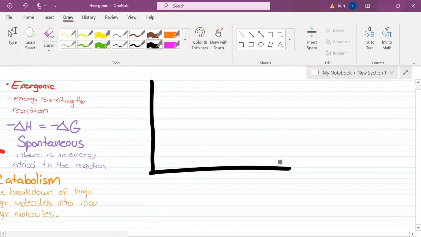I want you to label the reactants, the products, the change in enthalpy, and the activation energy, please. I'll give you 1 minute.